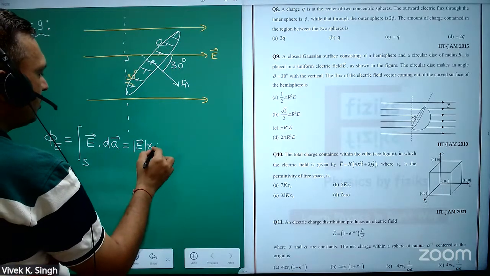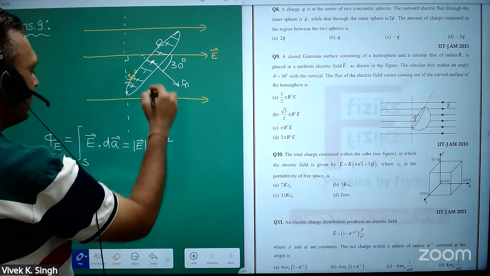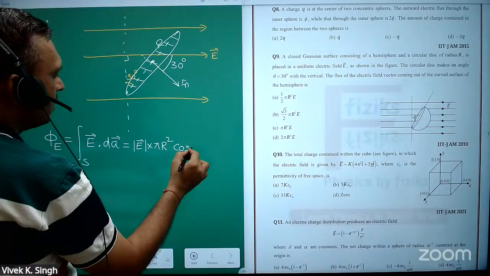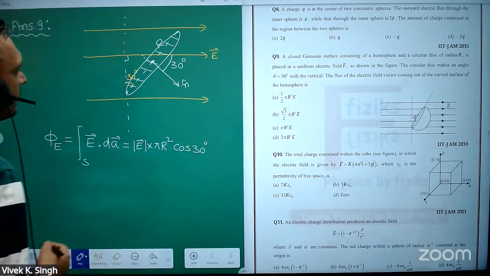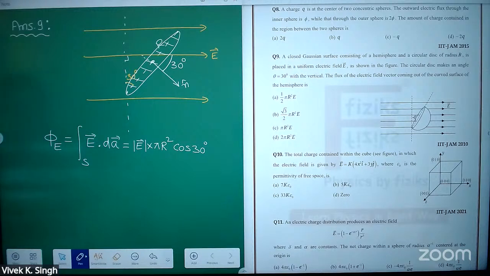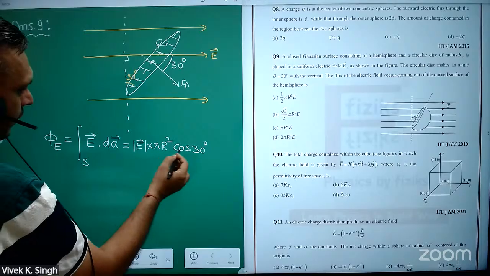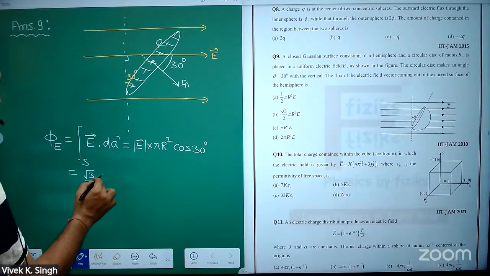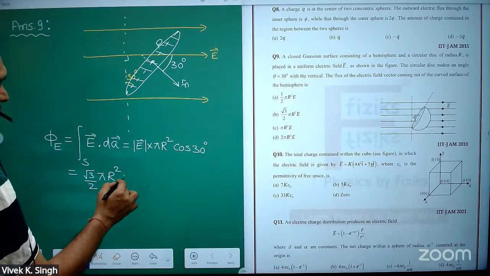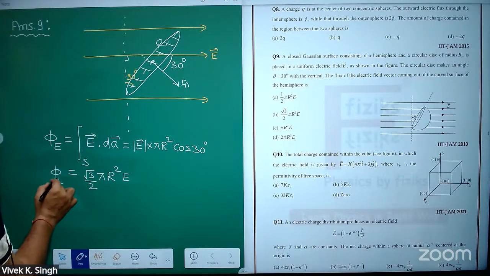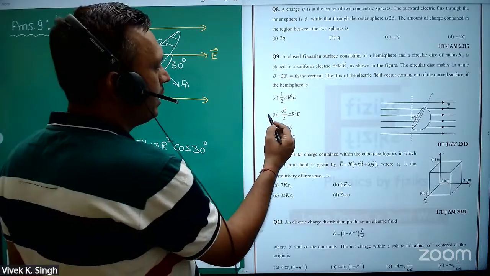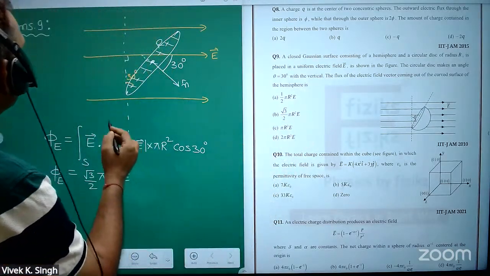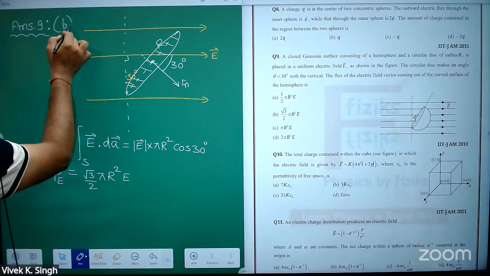So this is pi r square, and the angle gives cos of 30 degrees. What will be cos of 30 degrees? This is root 3 by 2. So the flux is root 3 by 2 pi r square into E. So option B is correct.